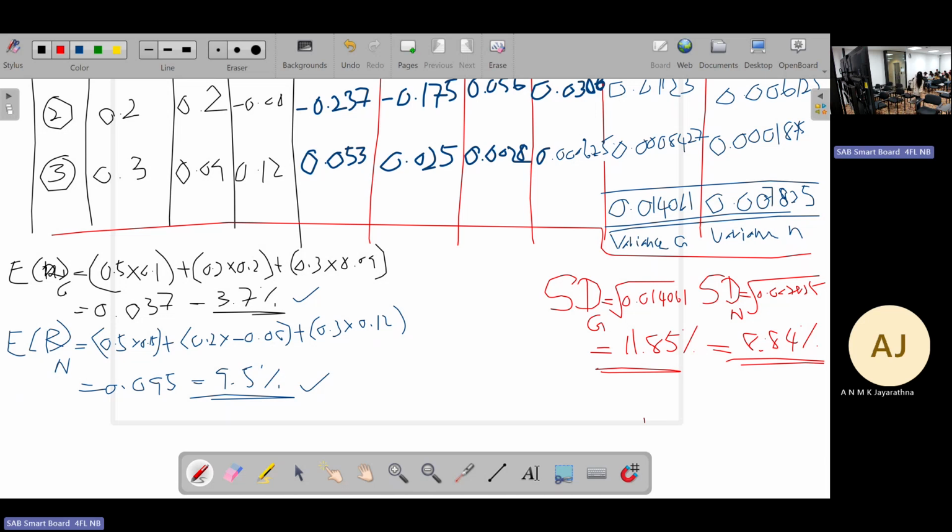Then you can do the remaining part. Once standard deviation is found, it is very easy to go with the portfolio risk and return.